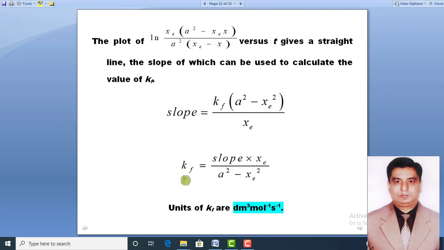Kf means rate constant for the forward reaction. So up to here, we have found a relation by using which we can find the value of kf, and remember the unit of kf will be equal to decimeter cube per mole per second.